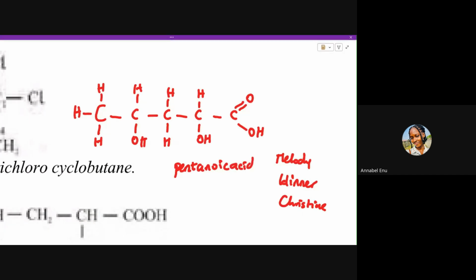But then we have an OH group here and an OH group here. Now, in this case, this OH and OH are not going to be presented as the parent functional group. They're just going to be called a substituent.